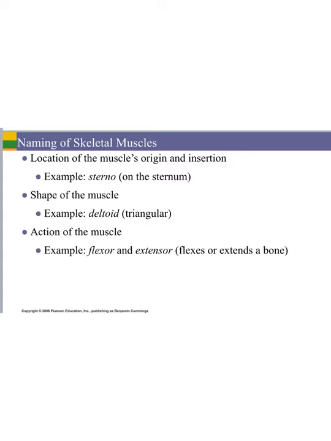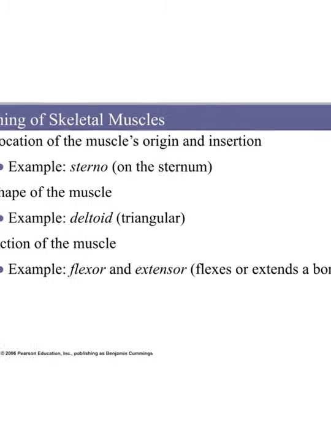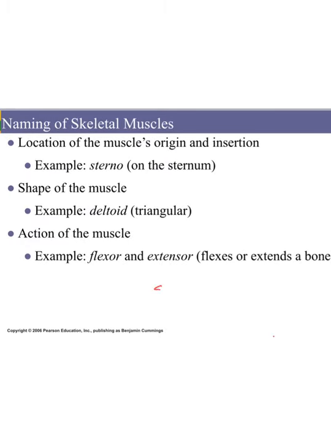The location of the muscle's insertion and origin. An example would be a muscle called the, let's see, the sternocleidomastoid. So let's look at that one. Sternocleidomastoid. Sterno means that it is going to originate in the sternum, and cleido refers to the clavicle.